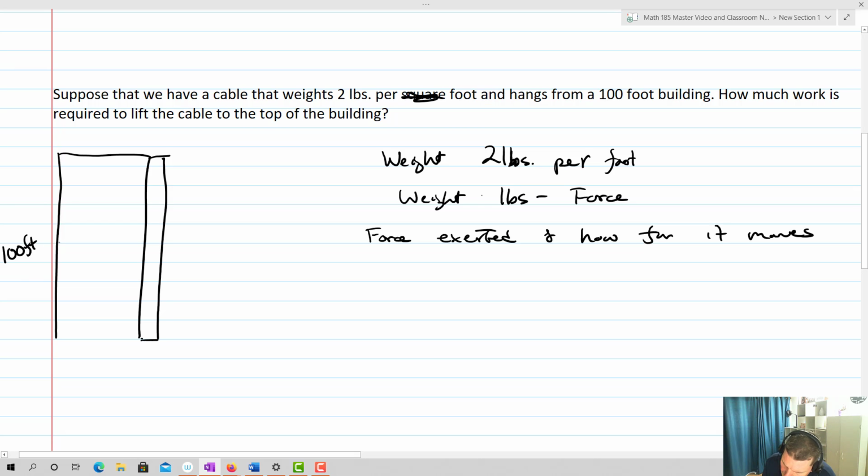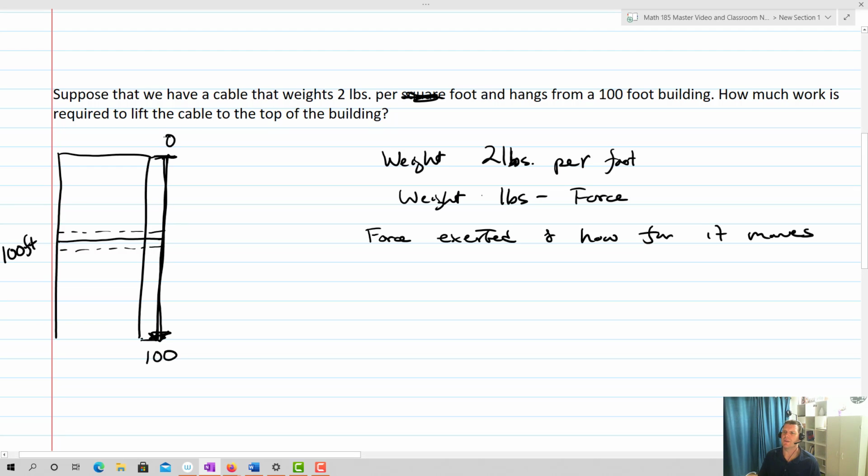So actually, first, let's break up this rope into n subintervals, just like we've done everything else. We're going to imagine this line is our x-axis. Here's 100 feet at the bottom, and we're going to make 0 the top.